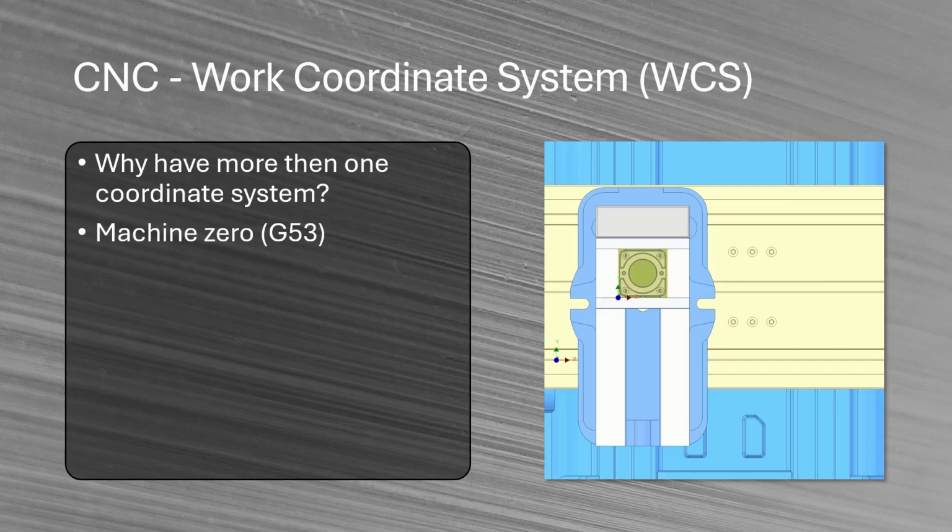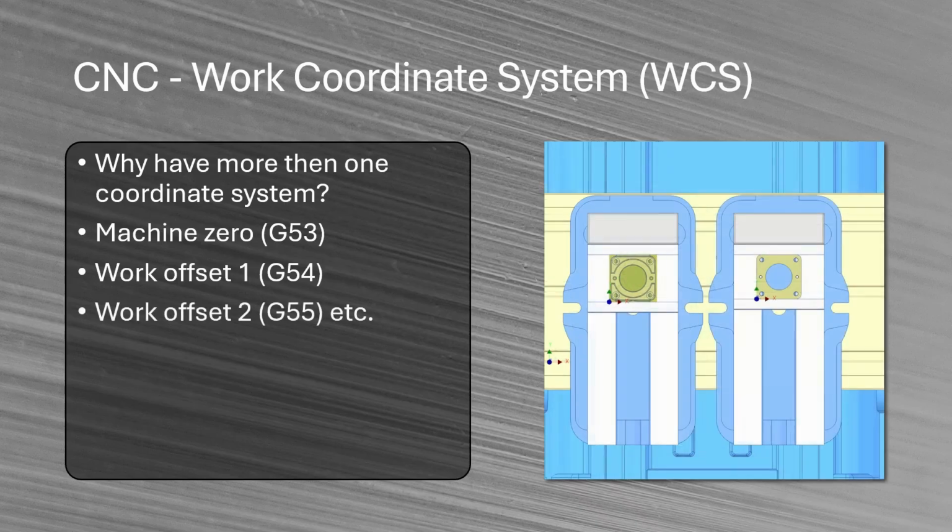So the idea with work coordinate systems is that you can define another work coordinate system that your piece is in. Basically, this is the machine zero, so that's G53. This is G54, that's work offset 1.